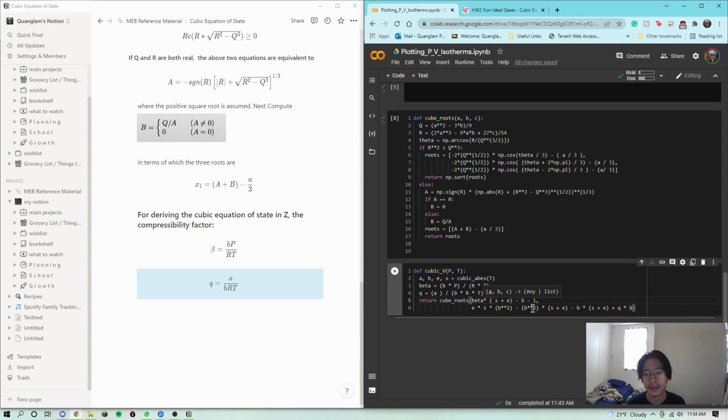So, gotta go through and change all that. Okay? Beta, beta, beta, and beta. Okay? Didn't miss anything. Great. And Q is now defined.